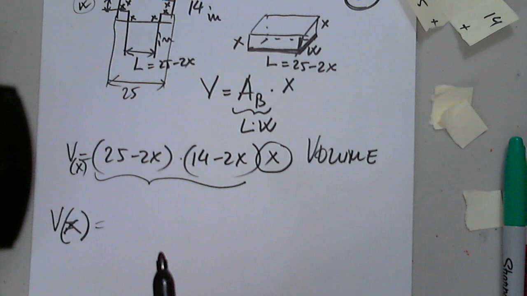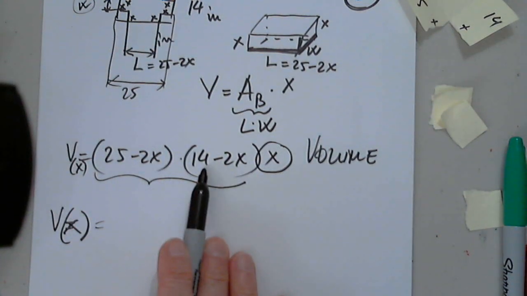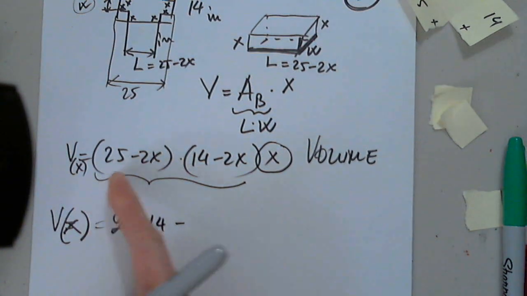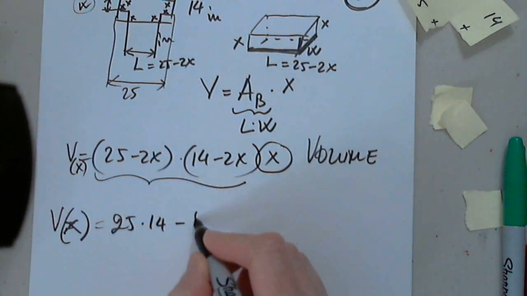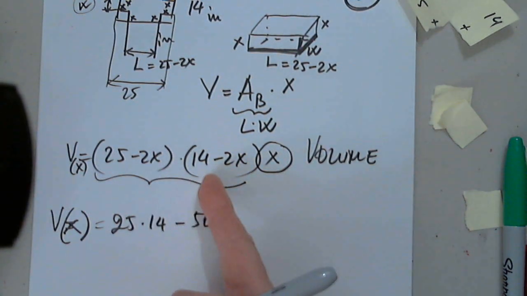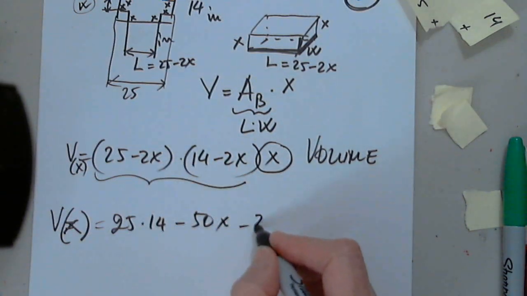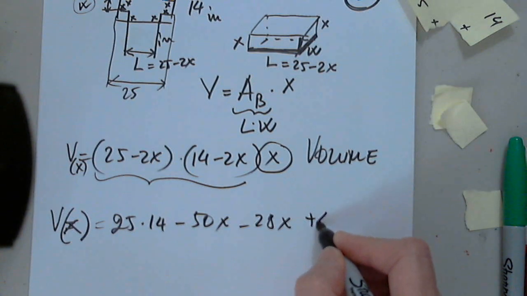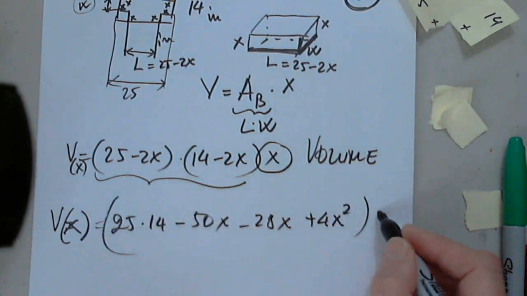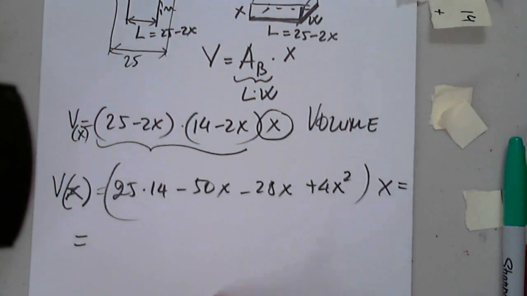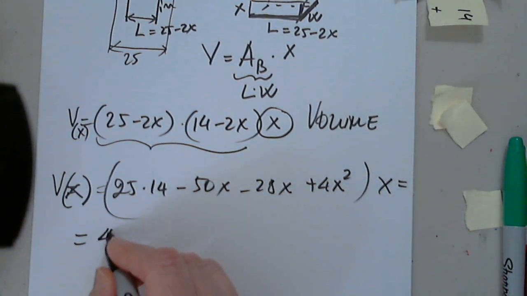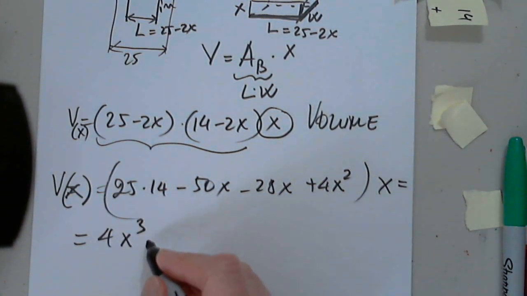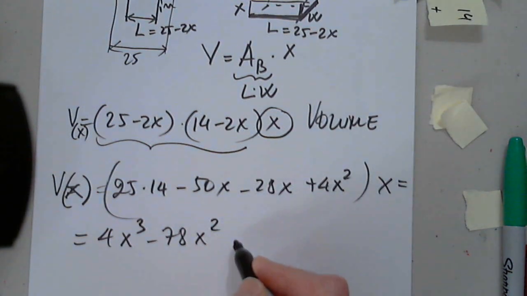And now I need to multiply 25 by 14, minus 25 times 2x, minus 2x times 14, negative 28x. And negative 2x times negative 2x, which is positive 4x squared. At the end, I will distribute x in the correct order. So 4x to the third, now this is negative 78x squared.